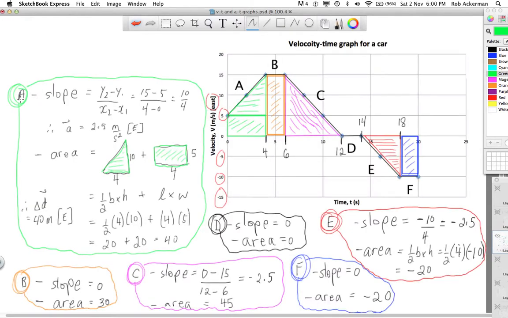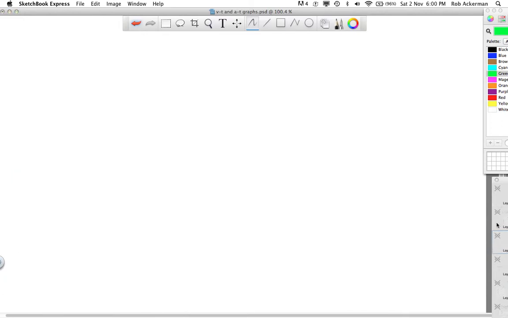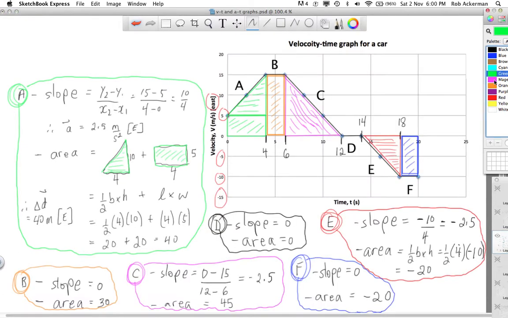In the first section, A, we went 40 meters east. That was the displacement. In the next section, B, we went 30 meters east. However, this 30 meters east is in addition to the 40 that we had already gone. So you got to take this 30 and you have to add onto the 40.